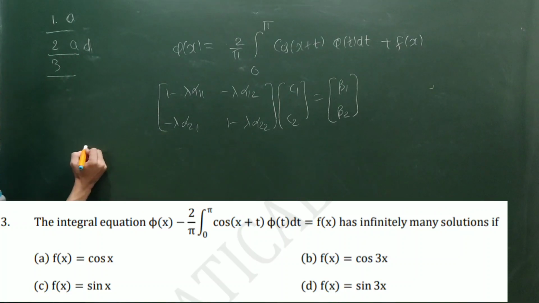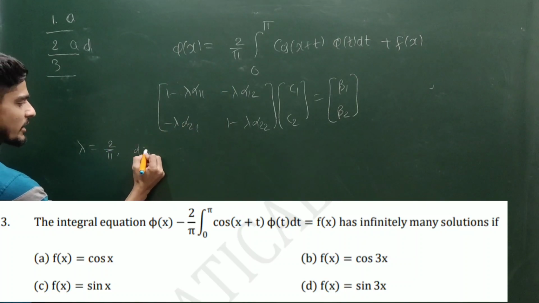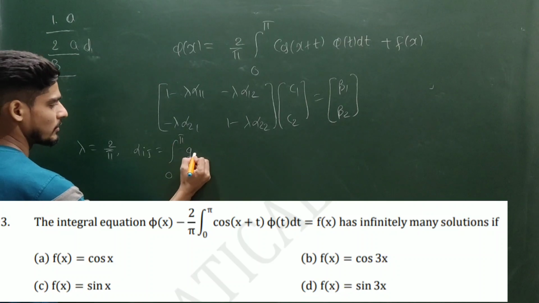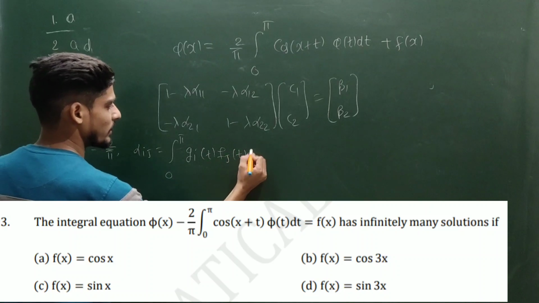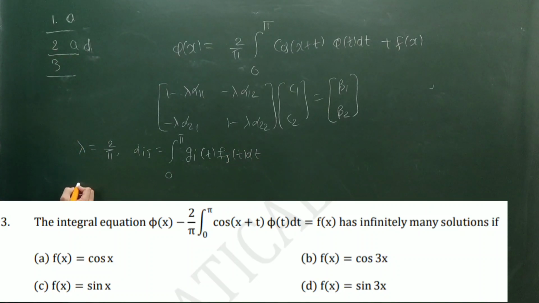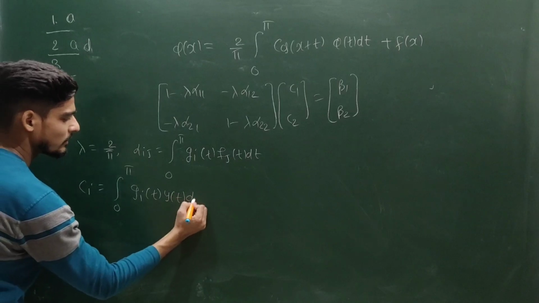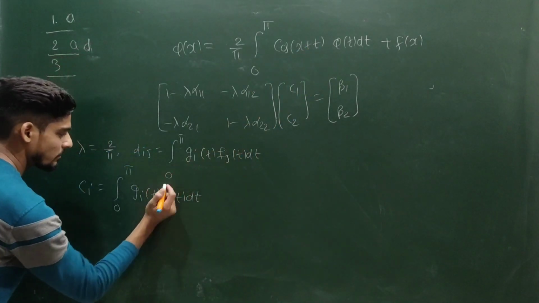Now let me write the lambda is 2 by pi. This is given. Alpha ij is given as integral 0 to pi gi t fj t dt, and my ci is given by integral 0 to pi gi t phi t dt, here I have phi, so I will use the phi term.